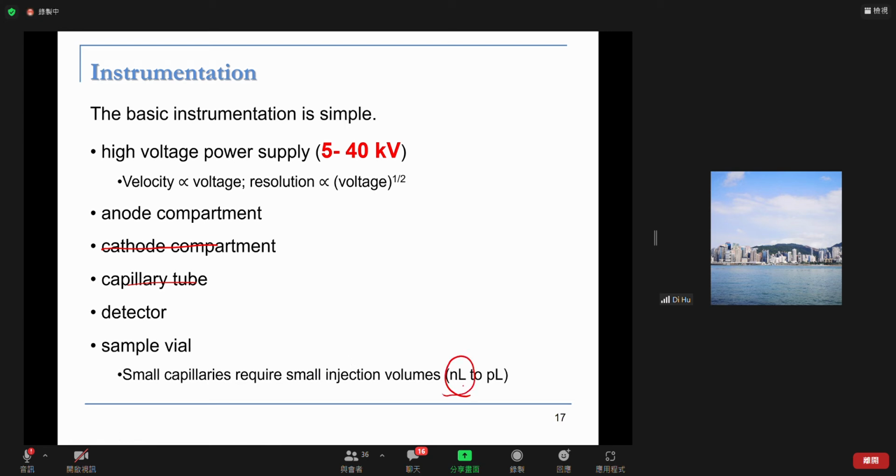Instead of microliters, what you normally inject is 1 nanoliter, or just 10 nanoliters, a very small amount. No pump, just a high voltage.